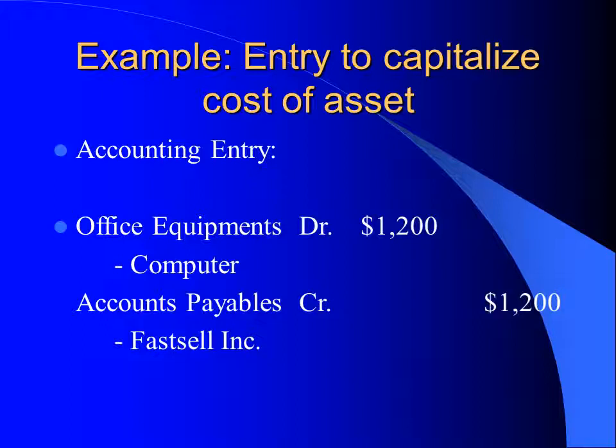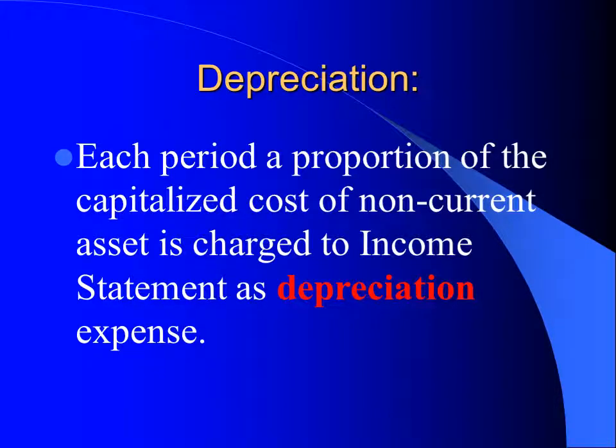As you know very well, accounts payable means that you have to make the payment later on. So now, as you have seen, we bought a computer and the cost of the computer was recorded through an accounting entry in our books of accounts.